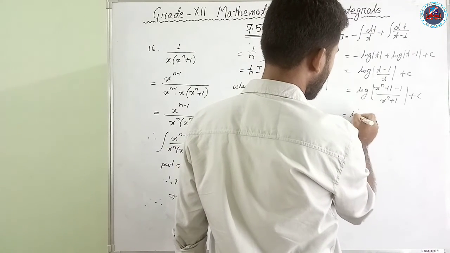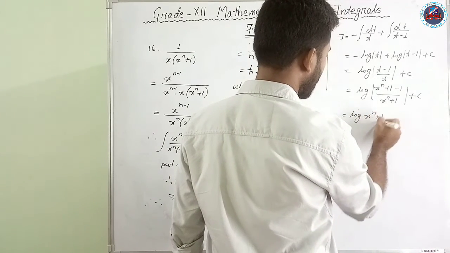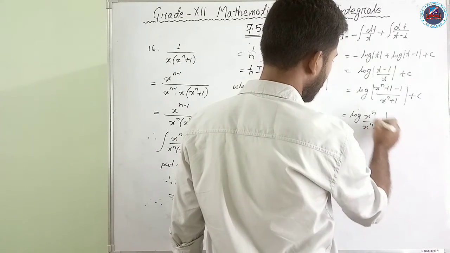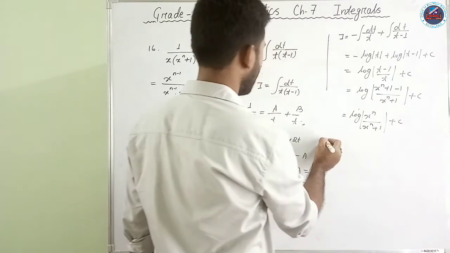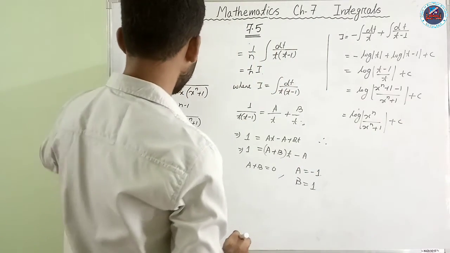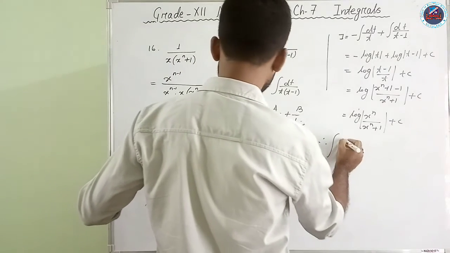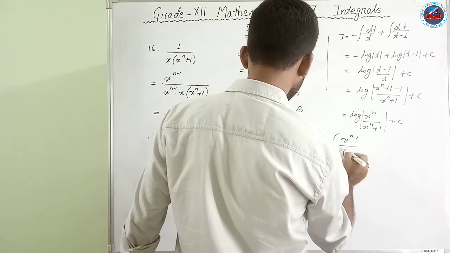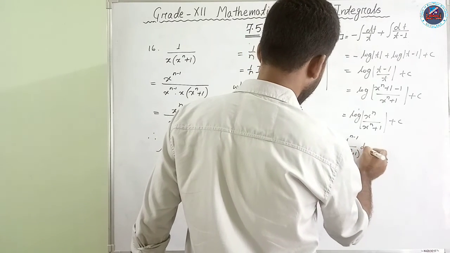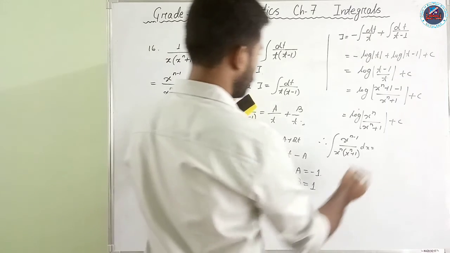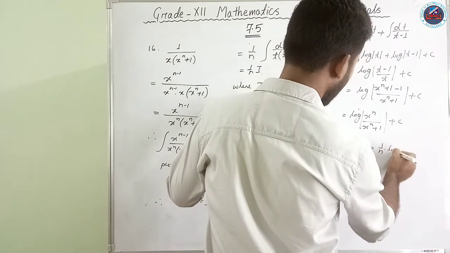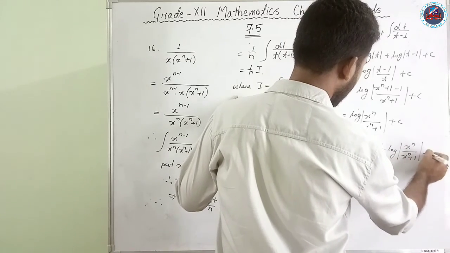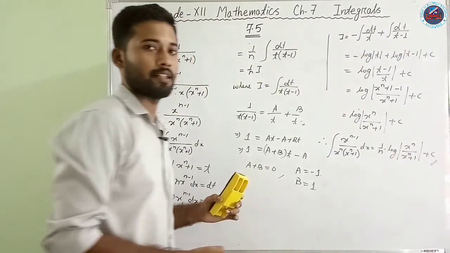So this will give us log of x to the power n divided by x to the power n plus 1 plus c. And therefore the original integration of x to the power n minus 1 divided by x to the power n into x to the power n plus 1 dx will be equal to 1 by n into log of x to the power n by x to the power n plus 1 plus c. So this is the answer.